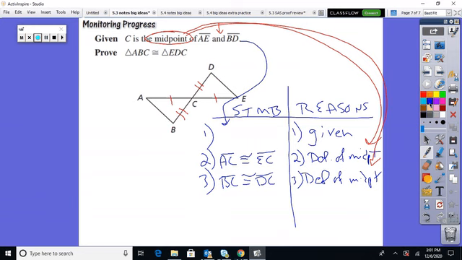Now, don't forget your vertical angles in the center there. So angle ACB congruent to angle DCE, vertical. Oof. Pen is sloppy today, my friends.